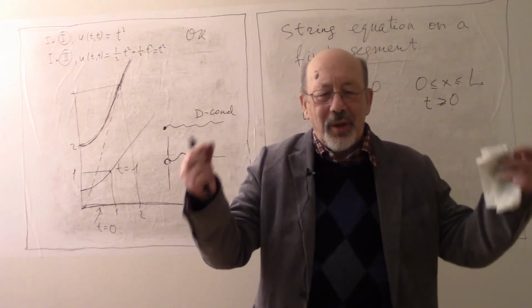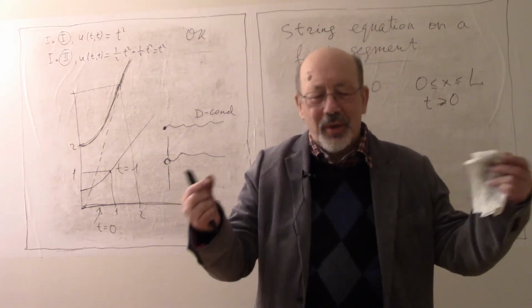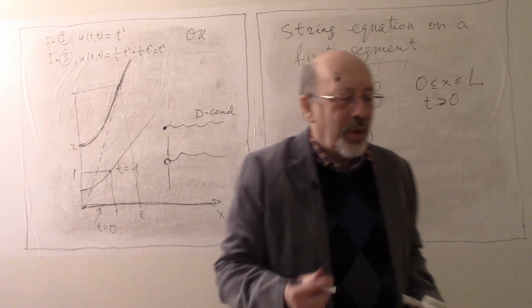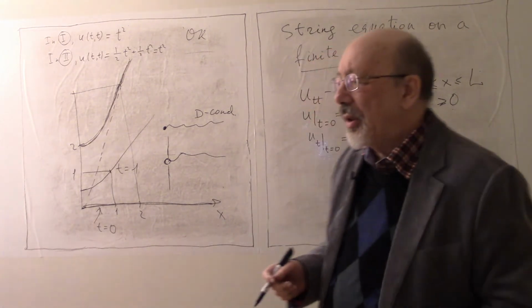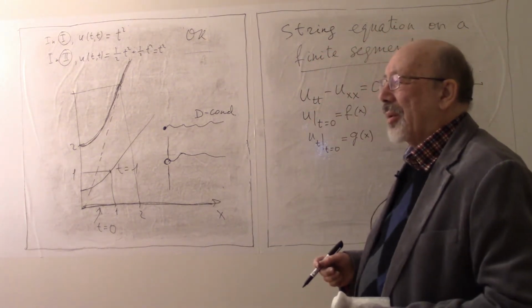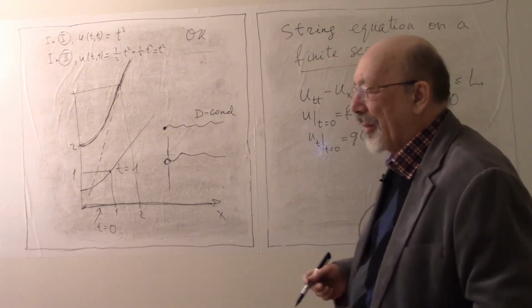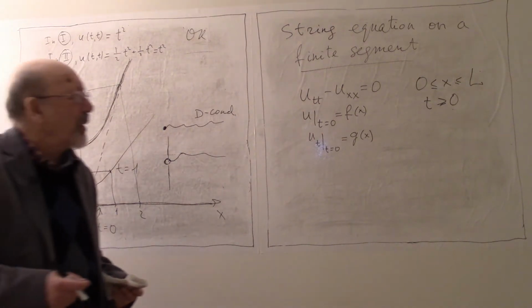So D and D, or D and N, N and D, and N on both ends. So we have four combinations, and I did not tell you that, of course, we can consider many more sorts of boundary conditions.